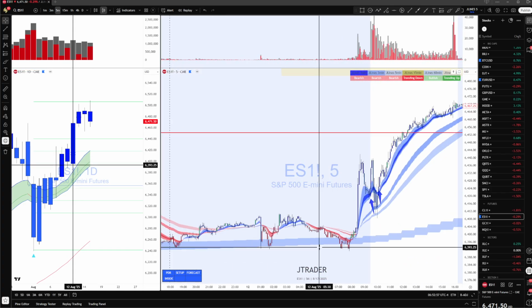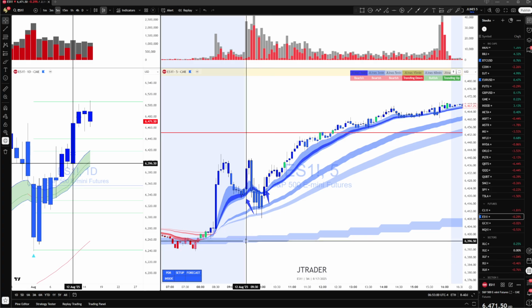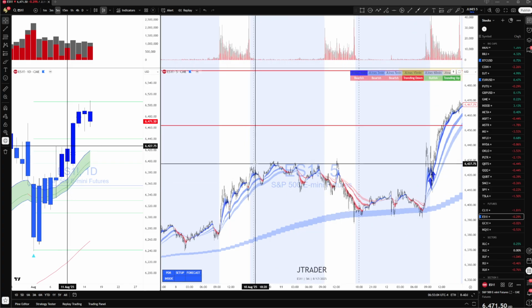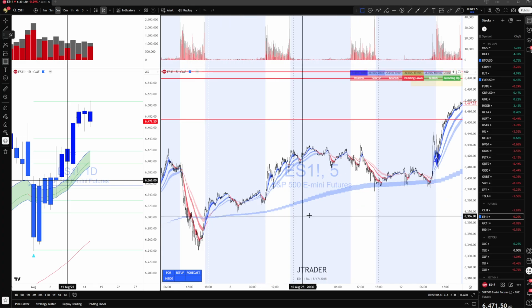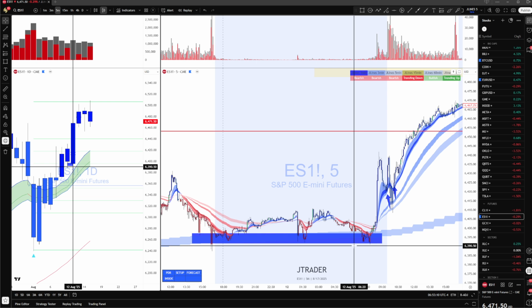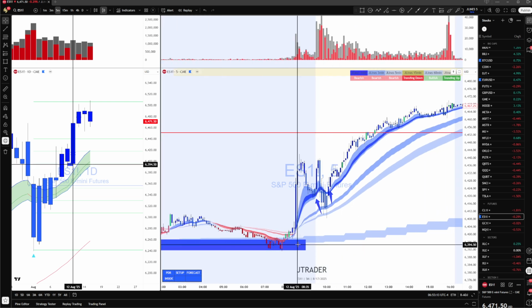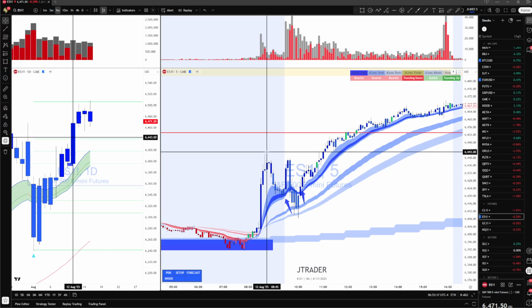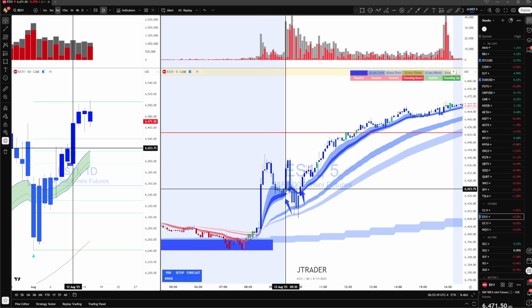First of all, on this day you can see the price bouncing from this level. This level is the hourly JLINES. So we are over here at 8:40. This is the open level, 9:30.